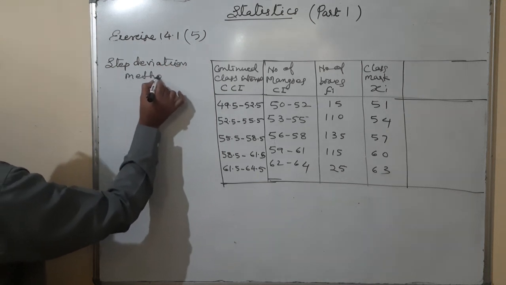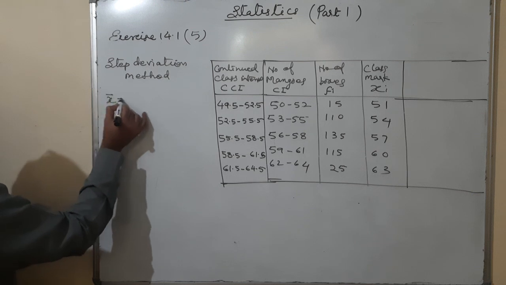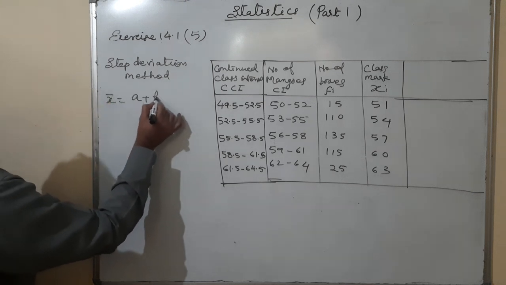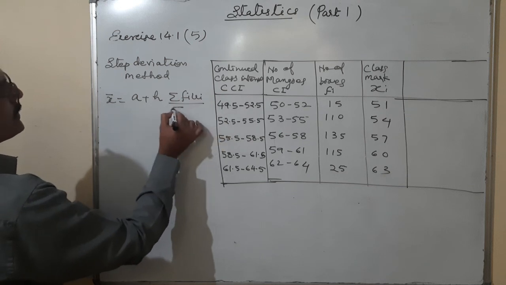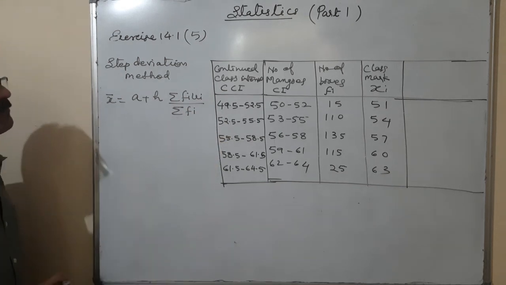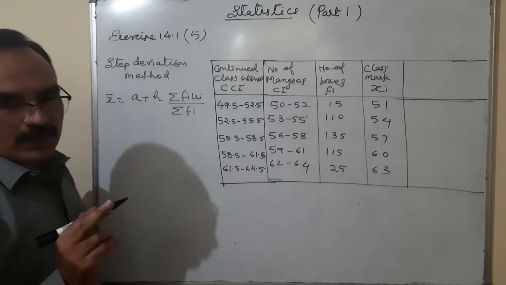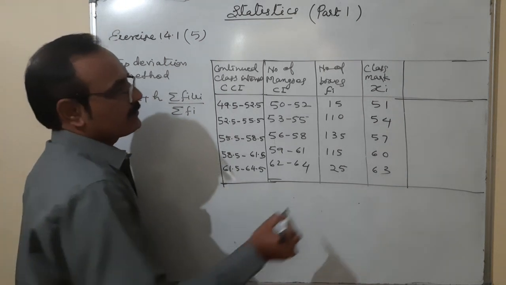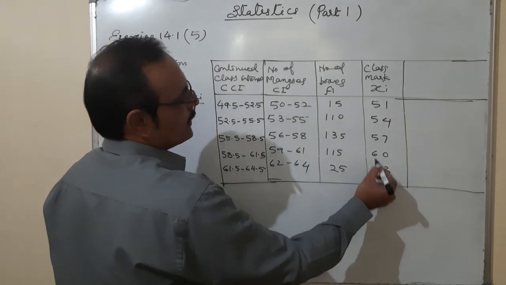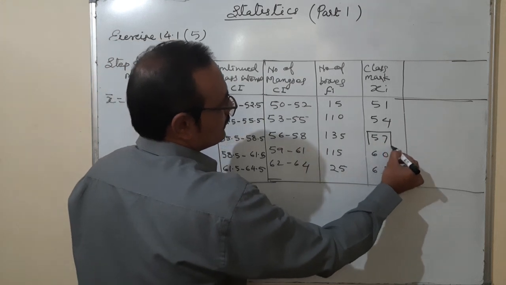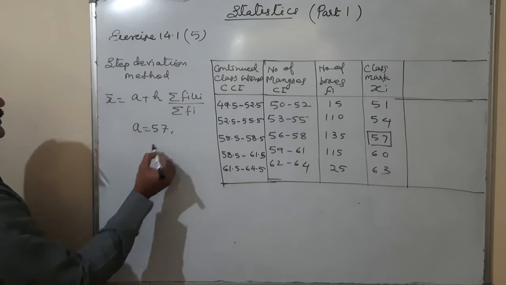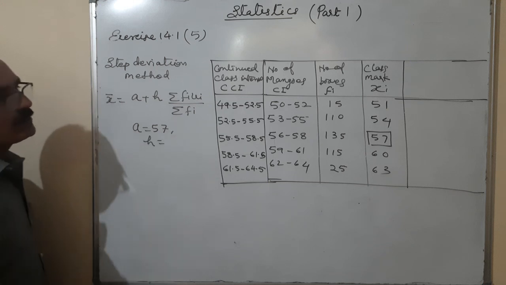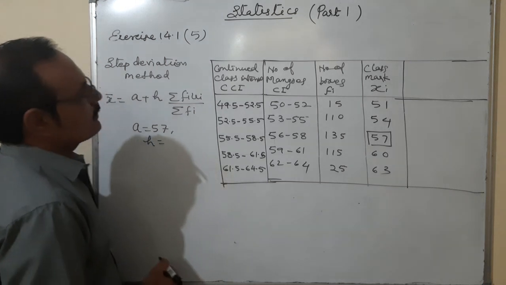What is it? X bar is equal to A plus h times summation Fi ui upon summation Fi. A is always to be selected from Xi: 1, 2, 3, 4, 5, the middle number is A. So A is equal to 57. H is equal to the class width.